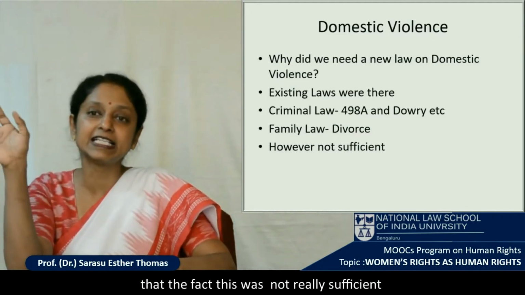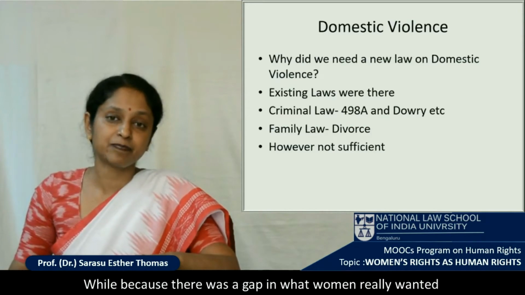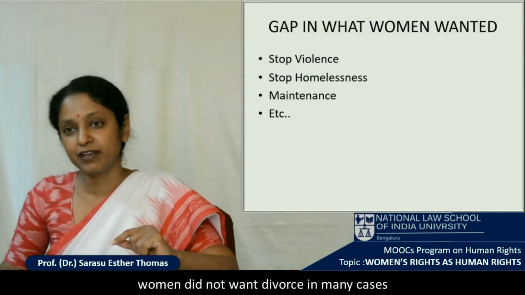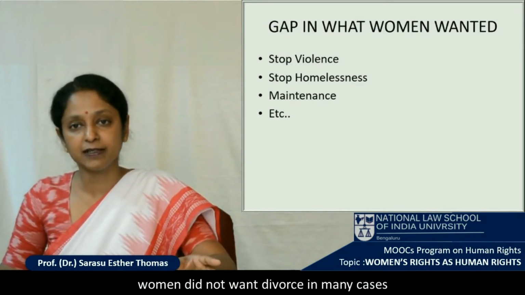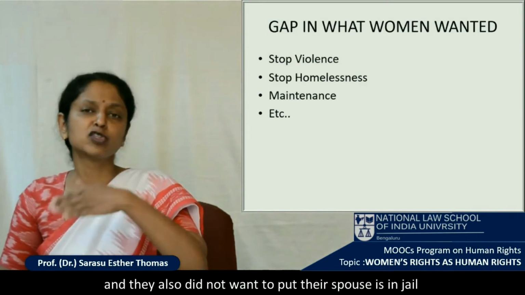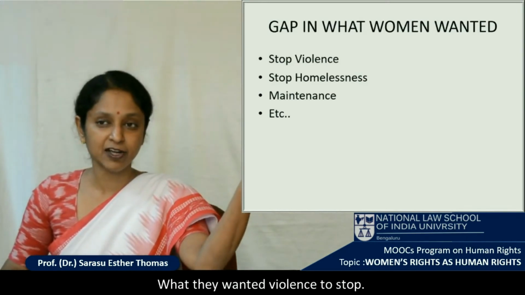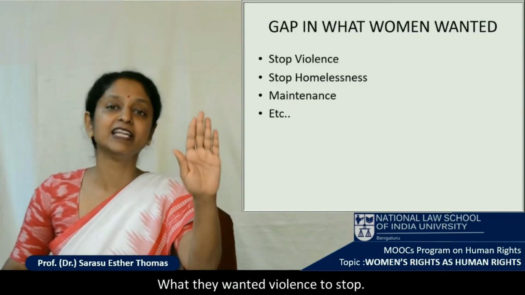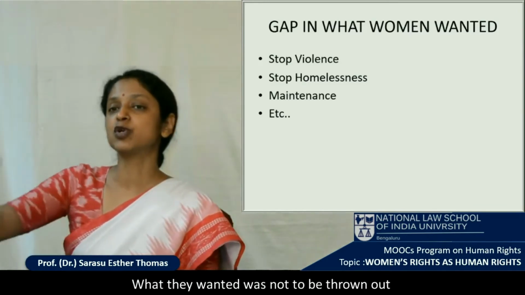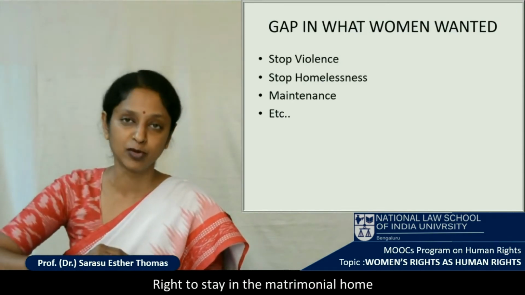But the fact is that this was really not sufficient. Why? Because there was a gap in what women really wanted. Women did not want a divorce in many cases. They also did not want to put their spouses in jail. What they wanted was for the violence to stop. What they wanted was not to be thrown out in the streets with their children, a right to stay in their matrimonial home.